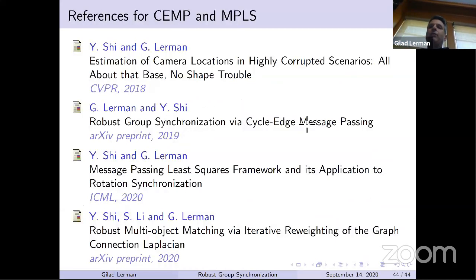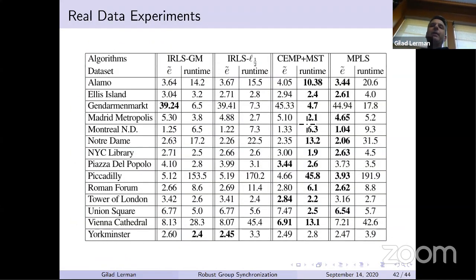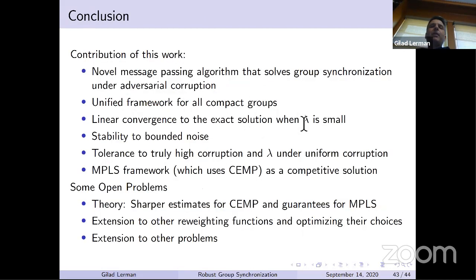Right, so I showed you very strong results on real data sets. We are also now working on permutation synchronization, and we have some results for keypoint matches. So in general, we have a completely novel method to solve the group synchronization problem, and we can actually guarantee it for adversarial corruption.